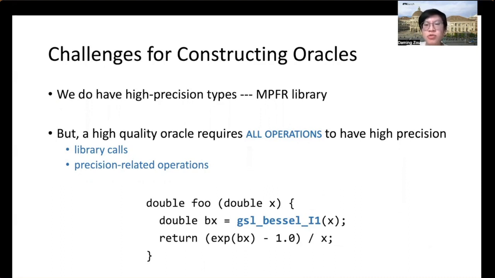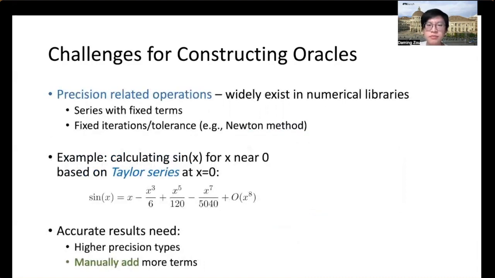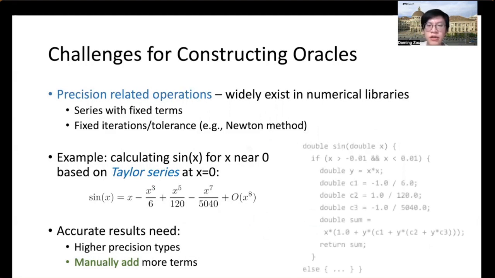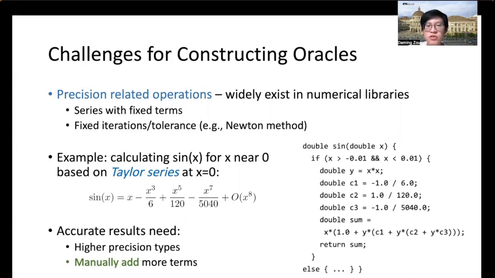So what is precision-related operations? Precision-related operations are hard-coded series and hard-coded iterations, which widely exist in numerical libraries. It's typical for numerical scientists using Taylor series to calculate functions. For example, series for sin x when x near 0. Here is a program that corresponds to the series.